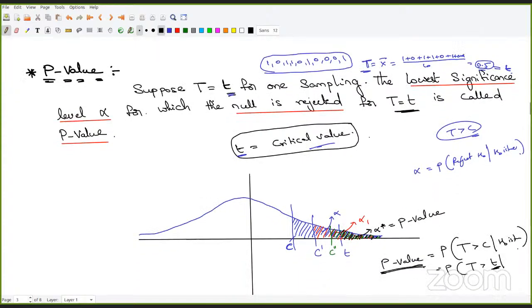In earlier cases, we were using T to compare with the C value. T was only one, meaning we compared 1.65 with 2.08.